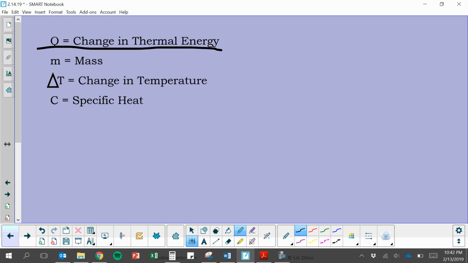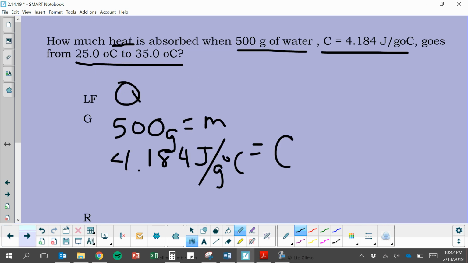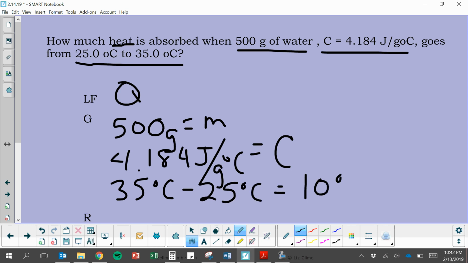And if we look back at our equation, we have our change in temperature is what we're wanting. So for this, we're going to do our final temperature minus our initial temperature. So we'll do 35 degrees Celsius minus 25 degrees Celsius. So we'll have 10 degrees Celsius is our change in temperature, delta T. Those are the numbers we're given.